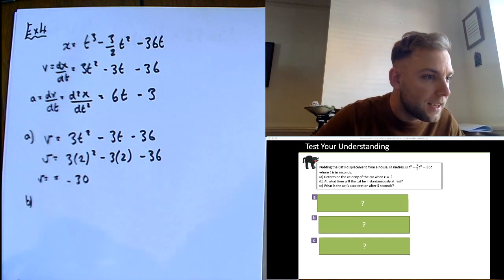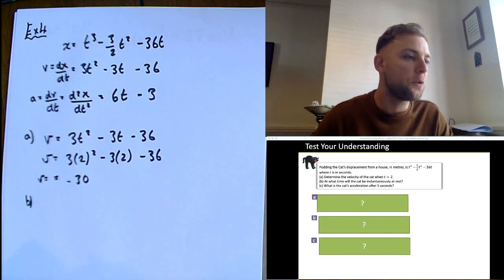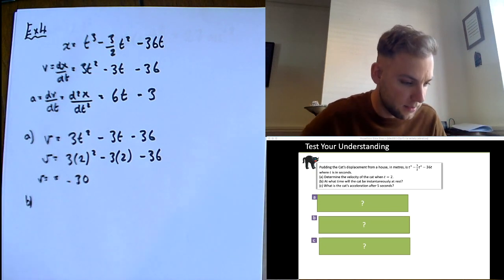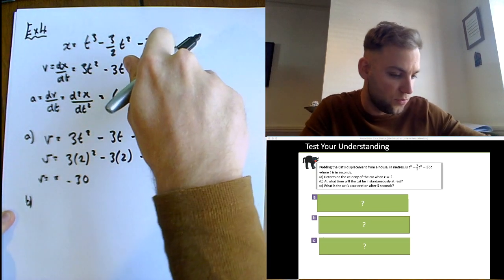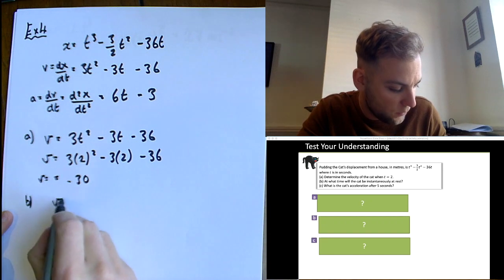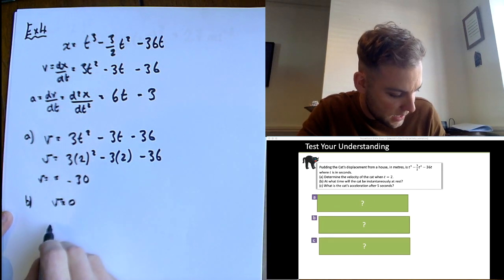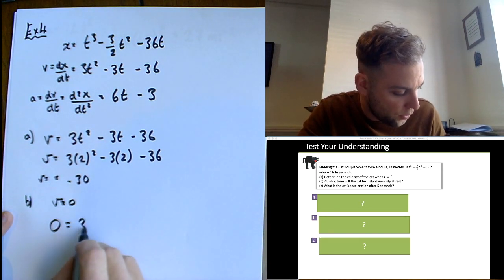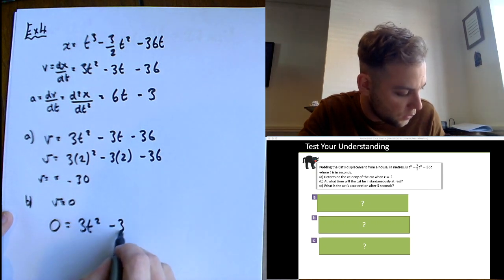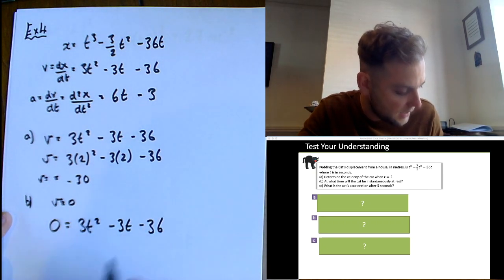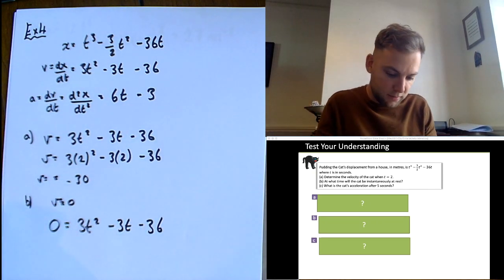Let's have a look at B. It says determine what time the cat will be instantaneously at rest. So I need to make v equal to 0. It's at rest when v is equal to 0, so 0 is equal to 3t squared minus 3t minus 36. Let's put that into our calculator.